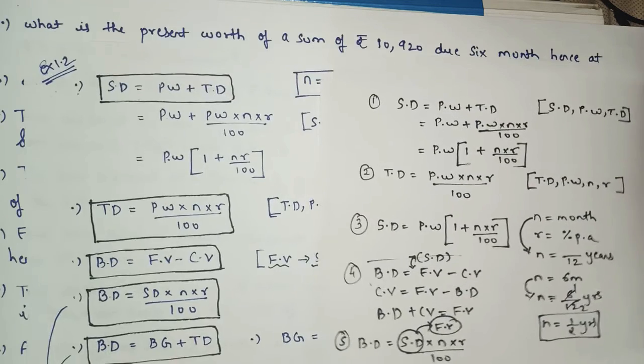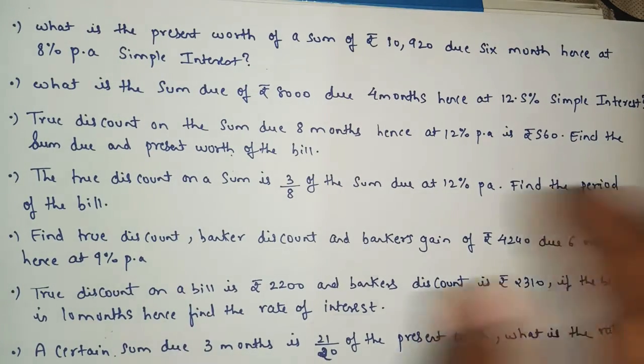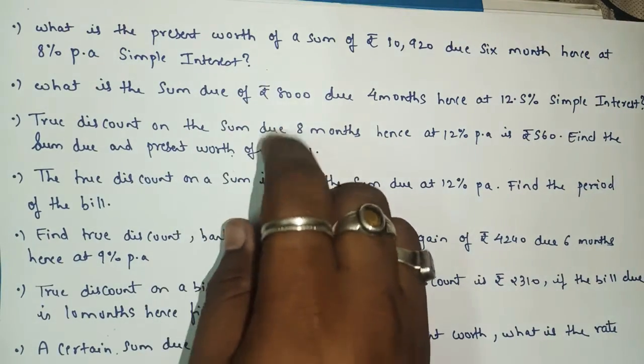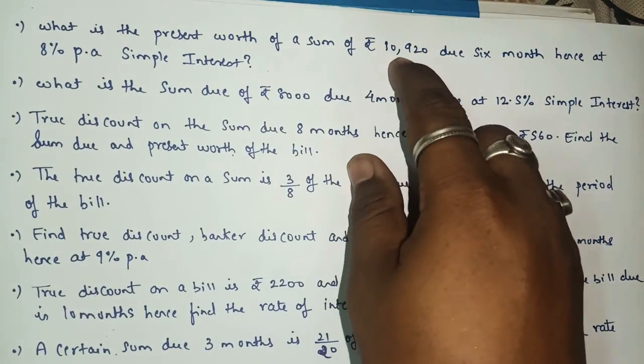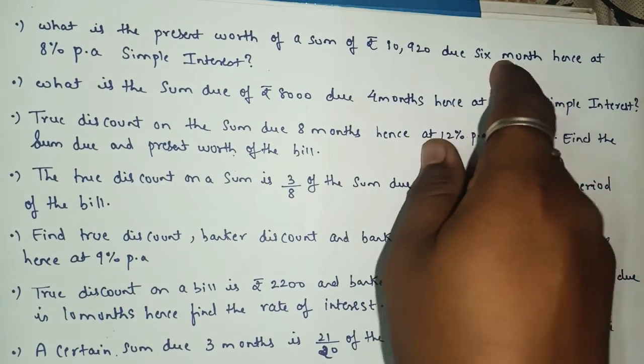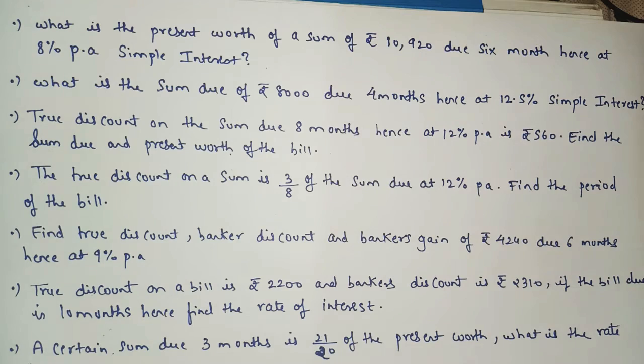Let's focus on the first one. The first question says: what is the present worth of a sum of rupees 10,920 due 6 months hence at 8% per annum simple interest?